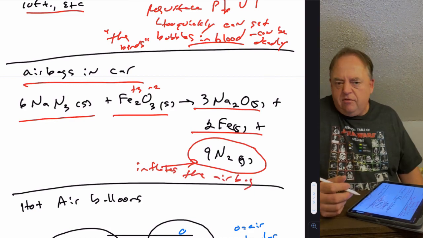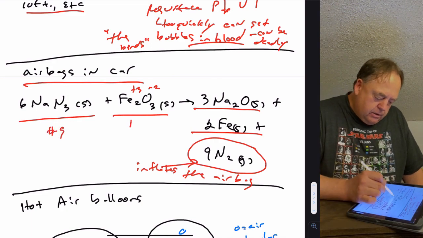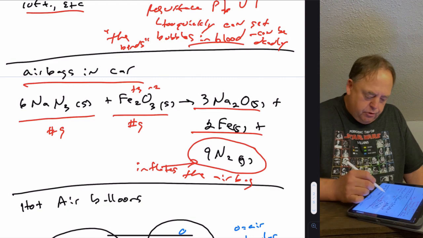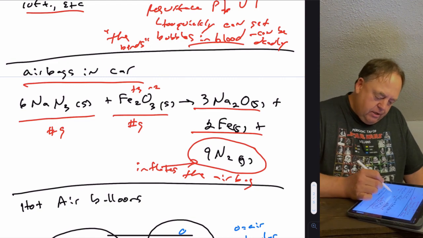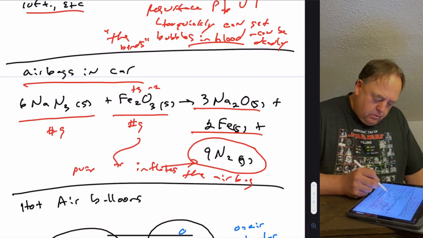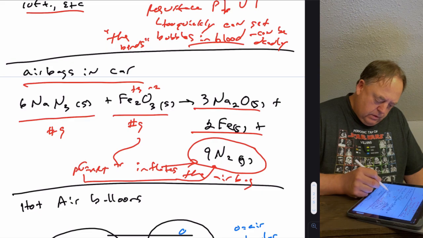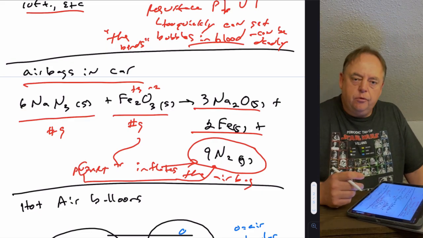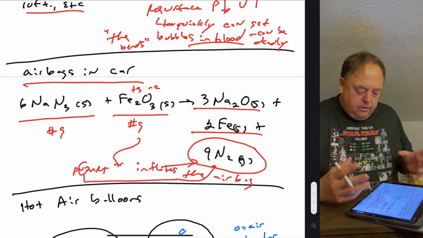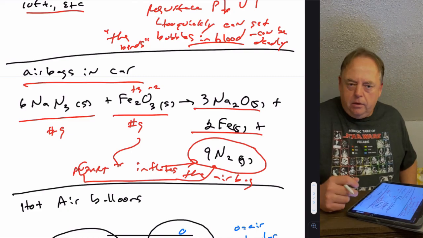That's what inflates the airbag. Based on the number of grams of this you put in and the number of grams of that you put in, you could do stoichiometry and use the ideal gas law to calculate the volume of the nitrogen gas that's going to be generated when those chemicals mix. Then you would know what the volume of that airbag would be when it inflates.